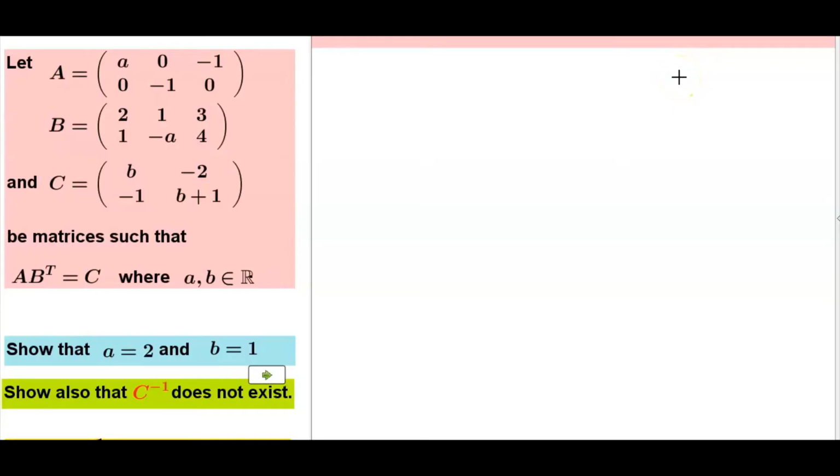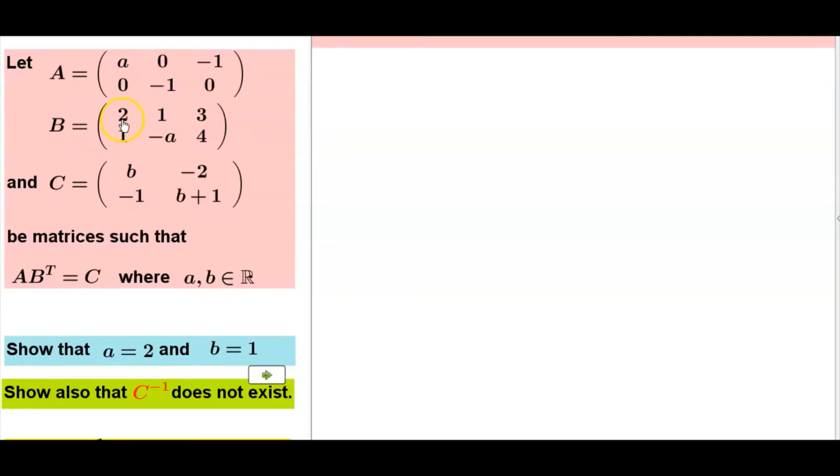2019 August past paper question, Combined Maths 1, matrix. Let matrix A be: first row A, 0, minus 1; second row 0, minus 1, 0.